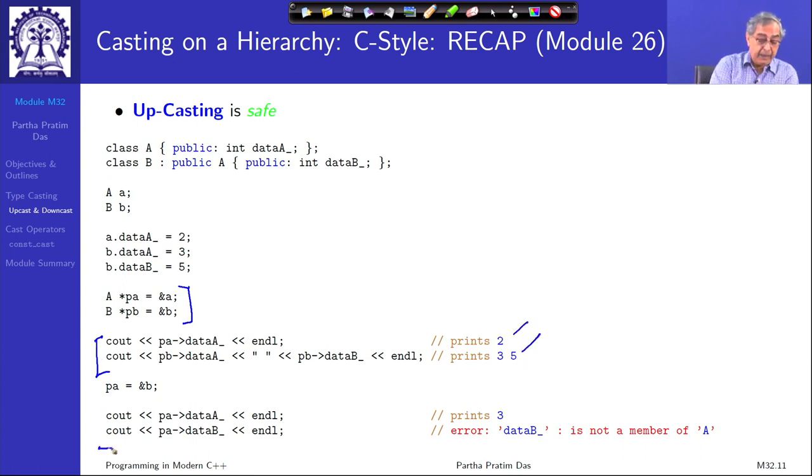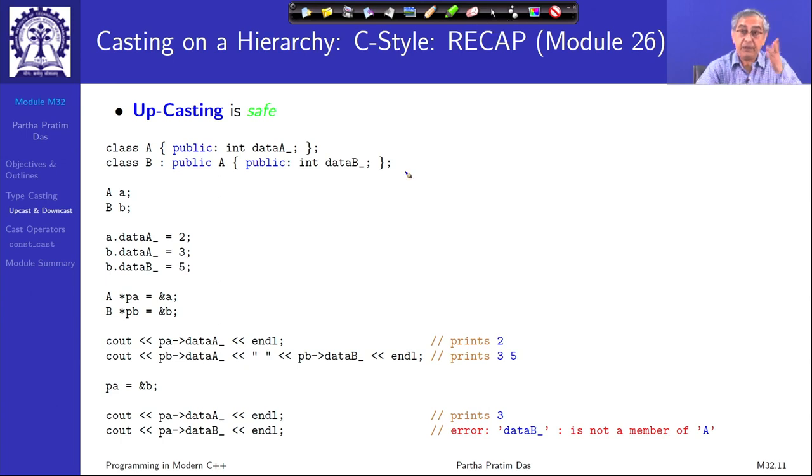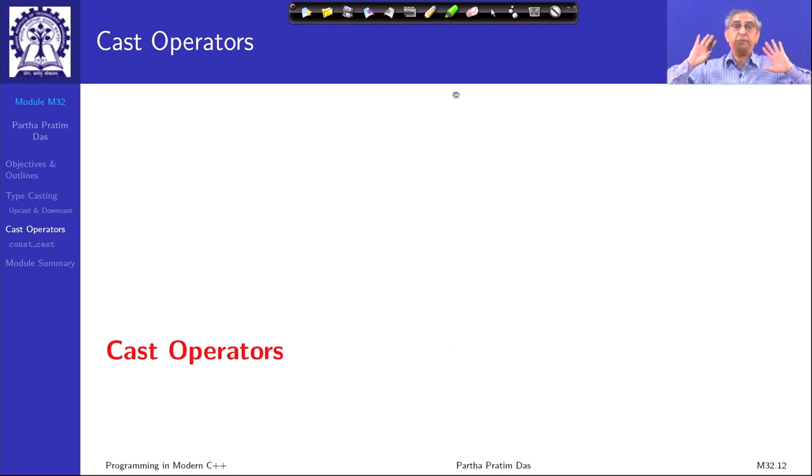If we try to use PA, a pointer of type class A, holding an object of class B, then using PA I will never be able to print this data member; I get a compile time error, which is fine. So, upcasting always is safe, downcasting will lead to problems. Okay. So, that was the quick recap of what we have in terms of casting in C++ as inherited from C.